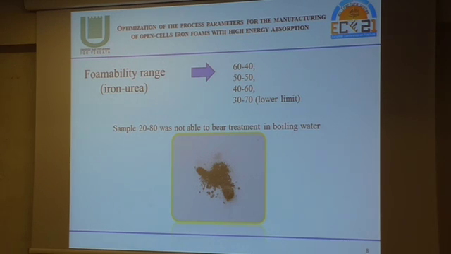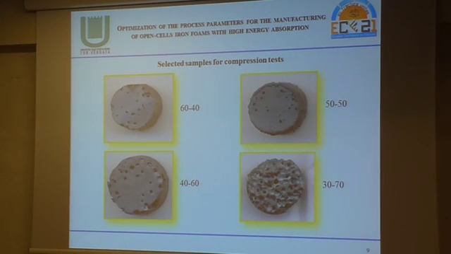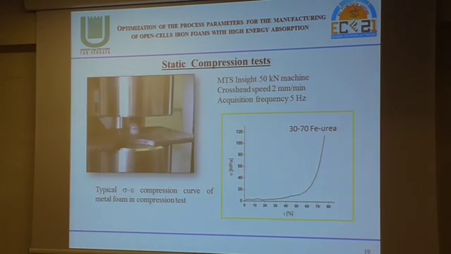The sample with 20 iron and 80 urea was not able to bear the treatment in boiling water, so it's not possible to obtain a foam with satisfying properties this way. These are the 4 kinds of samples which have been subjected to compressive test. Compression test on an MTS machine, 50 kN maximum load, 2 mm per minute speed, 5 Hz acquisition frequency.